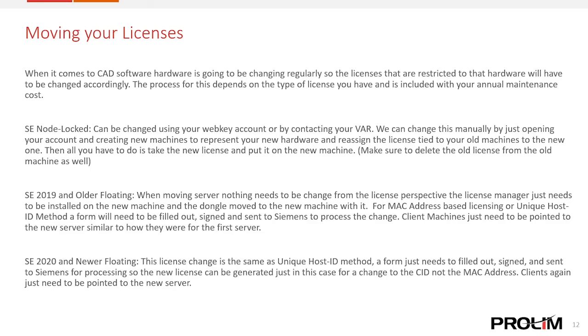But the information needed for the document is the version of license needed, so 2019, 2021, whatever. The retired CID, MAC address, or host name, if the host name is being retired, and then the new CID, MAC address and host name.